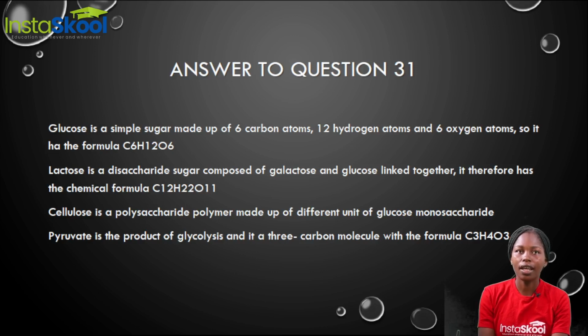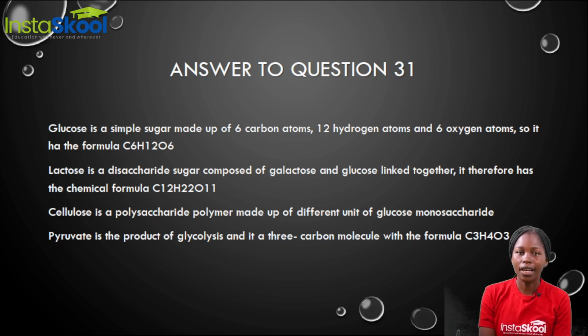Now let's analyze them one after the other. Glucose is a simple sugar, and it is made up of 6 carbon atoms, 12 hydrogen atoms, and 6 oxygen atoms. So it has the formula C6H12O6.